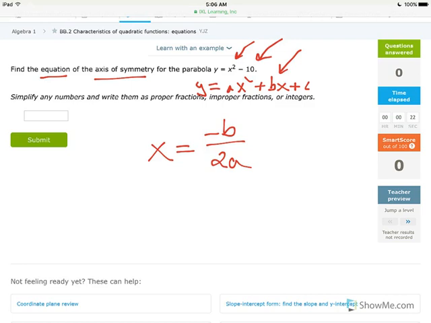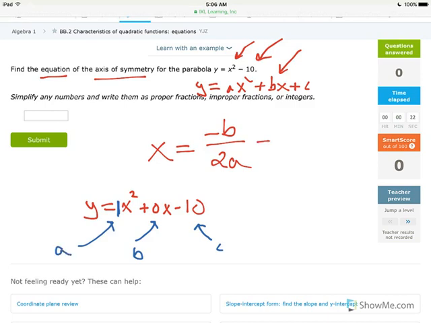So if I was to take this equation, y equals x squared, you would need the b to be 0, plus 0x, minus 10. So your a value is 1 in this case. Your b value is 0. And your c value is the negative 10. So this is your c value, this is your b, and this is your a.